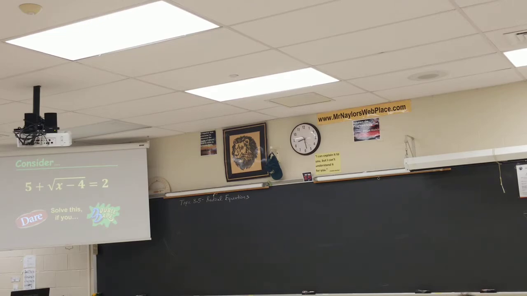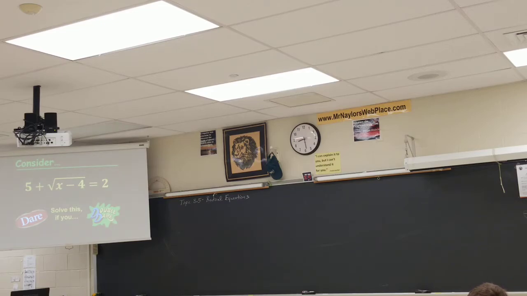Why am I daring you to solve this? Well, it kind of looks like just a good old square root equation, but sort of lurking in the background, there's something special about it. Are you willing to try to solve it?